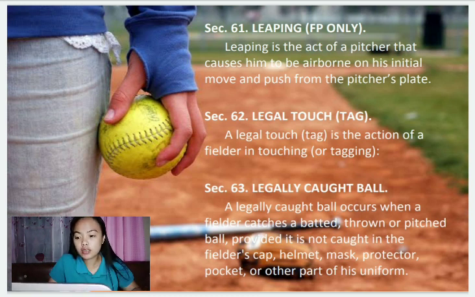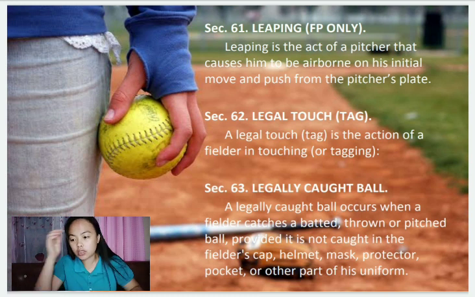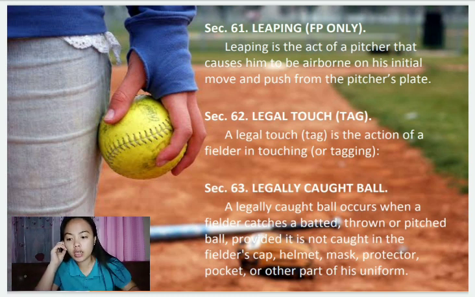Next is section 62. Section 62 is the legal touch or tag. Ang legal touch or tag is an action of the fielder in touching or tagging. Next is section 63, which is the legally caught ball.